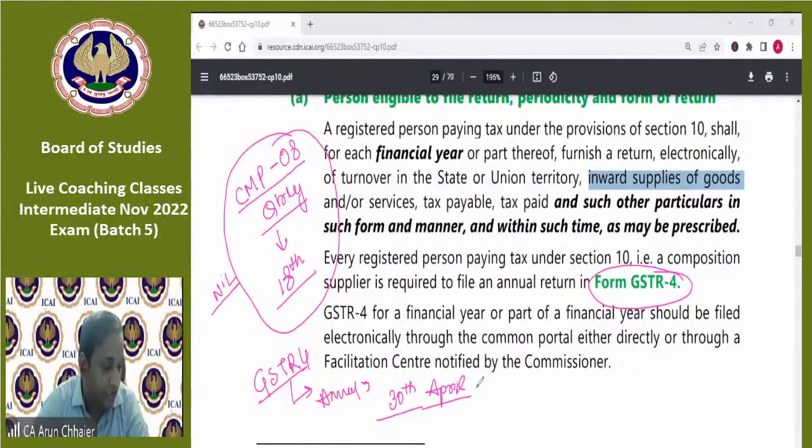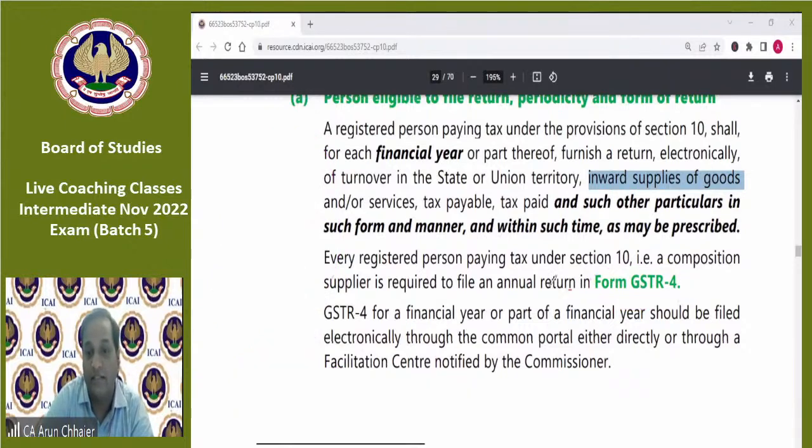A composition dealer is required to furnish the CMP 08 for making payment of taxes on a quarterly basis, and they have to furnish the GSTR 4 on an annual basis. And what is the due date of the GSTR 4? The due date of the GSTR 4 is 30th April after the end of the financial year.